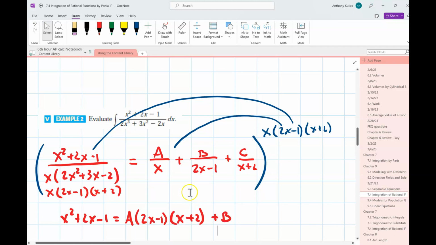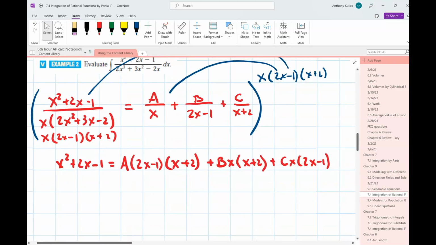And the next one, I'm going to have b times x plus 2. And then I'm going to have plus c times x times 2x minus 1. Everybody okay so far? Okay. So that's going to give me 2ax squared.